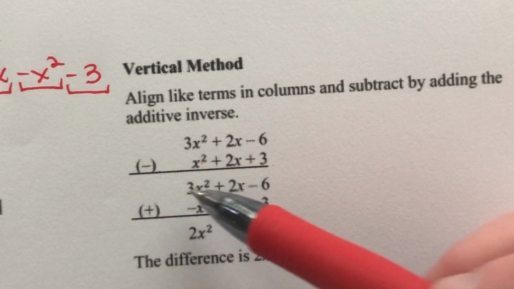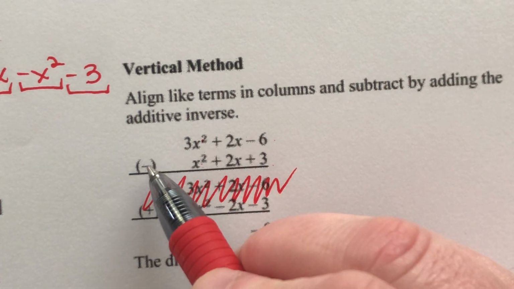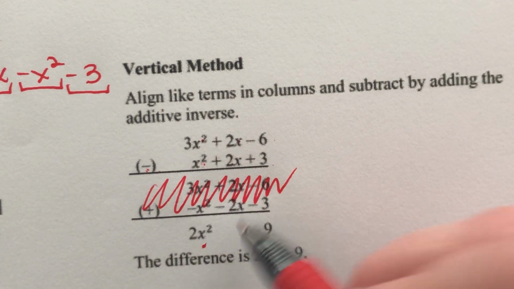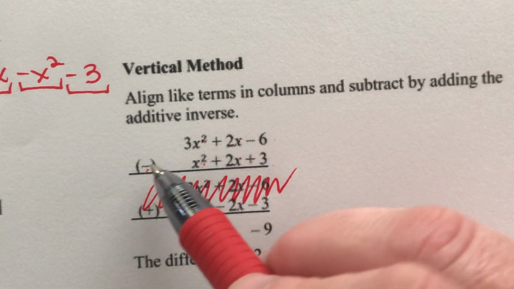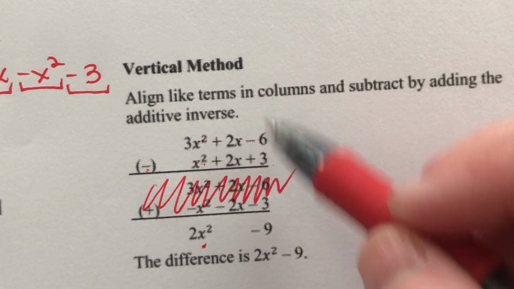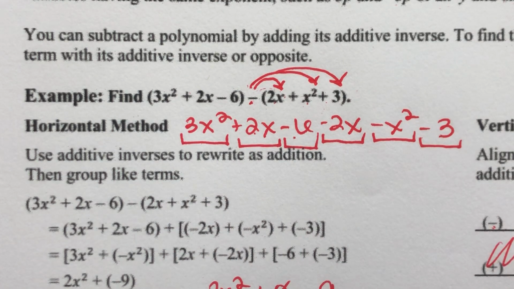Oh, they distributed the sign. They made that confusing. Ignore this part. 3x squared minus x squared is 2x squared. 2x minus 2x is nothing, cancels out. Negative 6 minus 3 is negative 9. Okay, so you can line it up vertically, or you can just look at it horizontally and combine like terms.